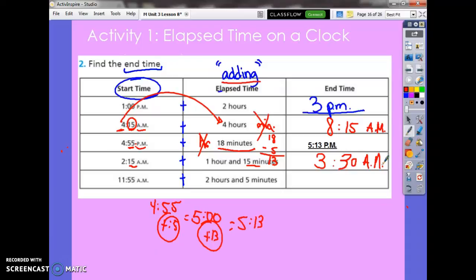All right, 11:55 a.m. I do something for 2 hours and 5 minutes. Maybe I go to a movie. Okay, matinee, cheaper prices. And then I want to know what time that movie's going to end. So 11:55 a.m. If I add this 5 minutes to 11:55 a.m., I'm going to get 12 p.m. It's going to be noon.